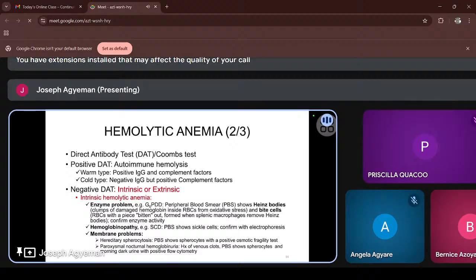If only the complement factors are present, but immunoglobulin G is absent, it is still a positive test, but this time it is the cold type that is present. So when both factors, immunoglobulin G and complement factors, are present, we are referring to the warm type, the one that occurs at normal and higher body temperatures, 37 degrees Celsius and above.